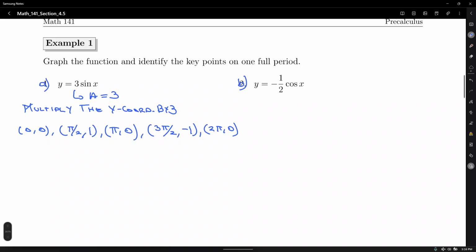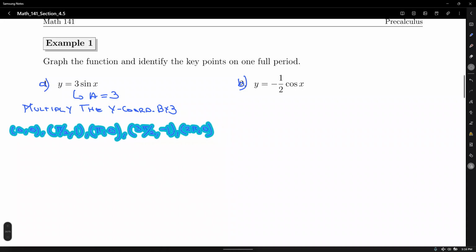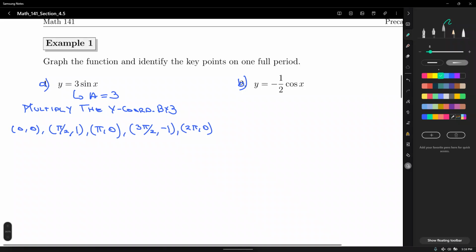Okay, well, actually I think I'm gonna need some space for later. Let me make this a little smaller. All right, so the 3 in front of the sine function states the a, which is asking us to multiply the y coordinates by 3.